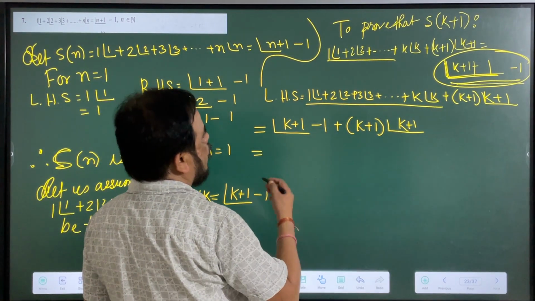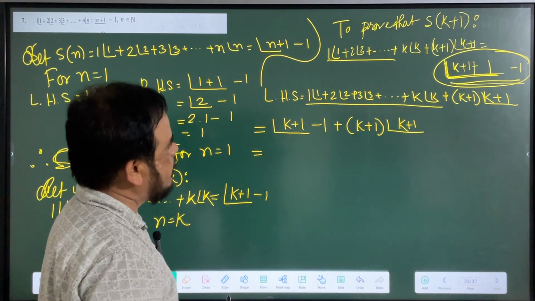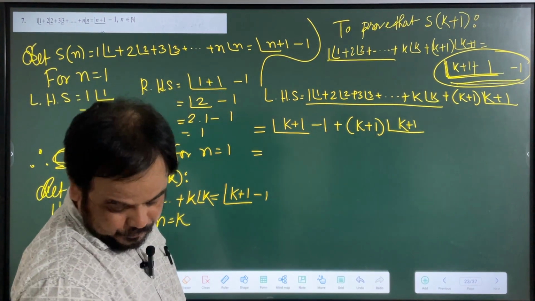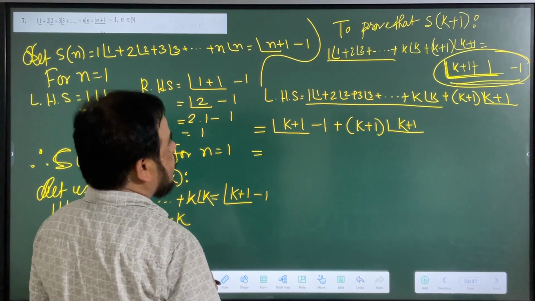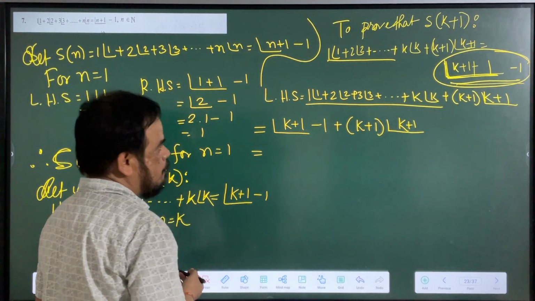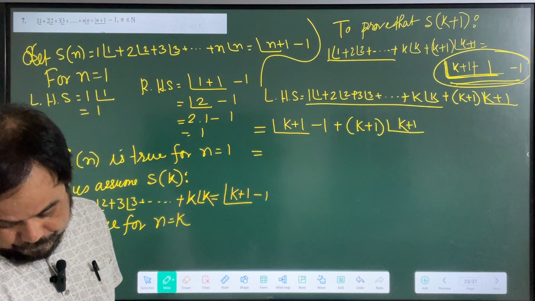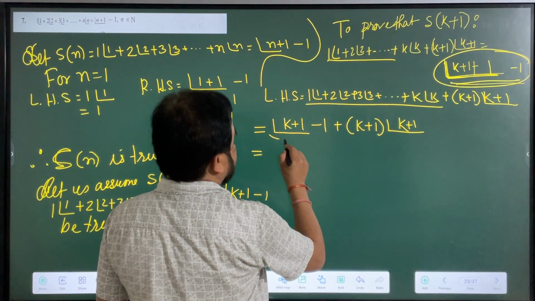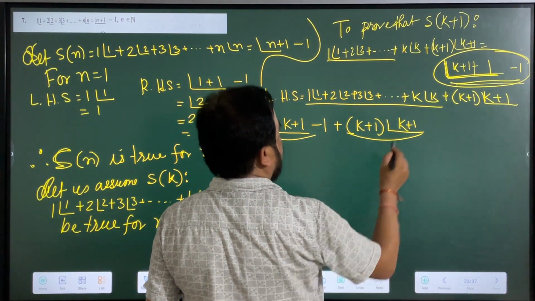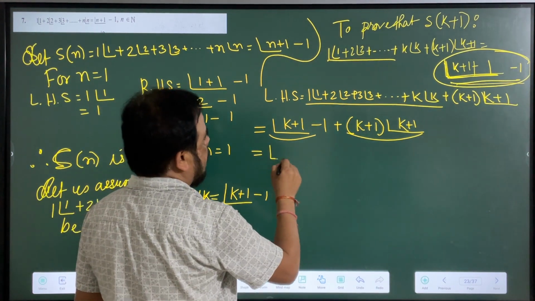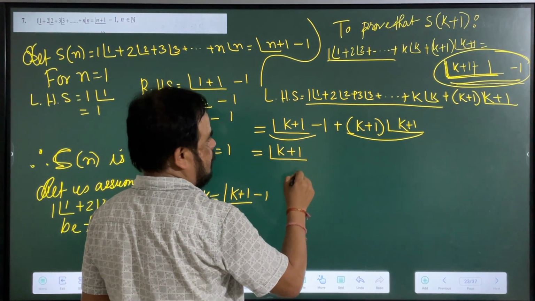Okay, we can do one thing. From this term and from this term, we can take factorial k plus 1 common.